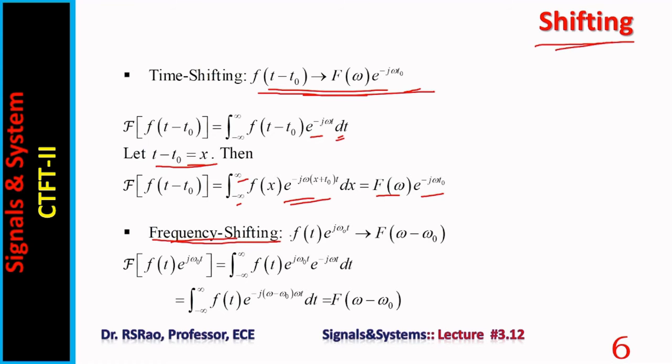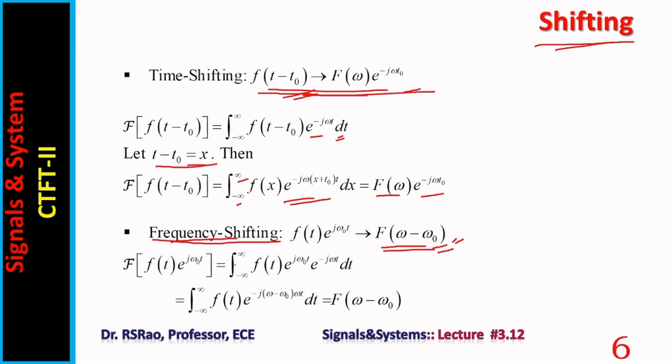Mathematically, this property can be stated as: the Fourier transform of f of t e power j omega naught t is capital F of omega minus omega naught. Notice that earlier the shifting was in the time domain. Now here it is in the frequency domain.